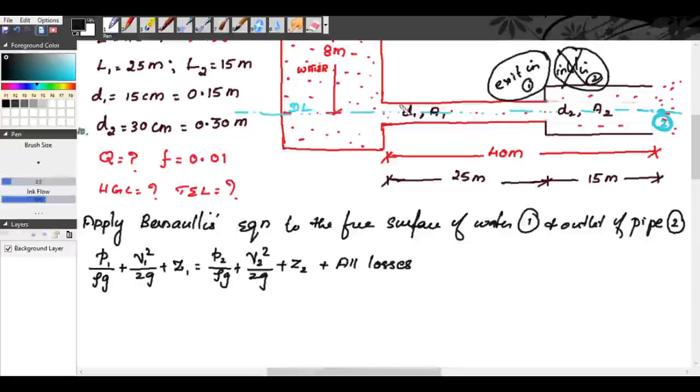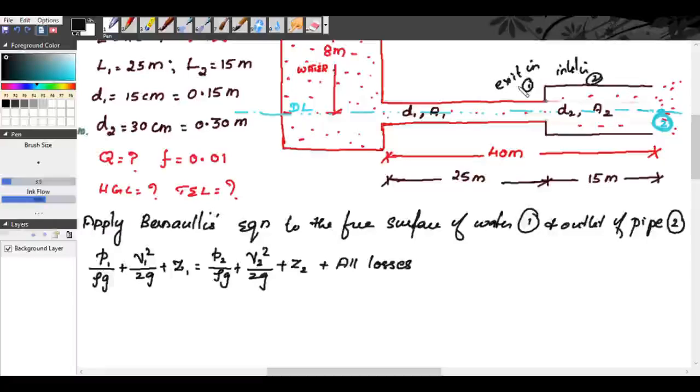So the major losses are losses due to friction in pipe 1, losses due to friction in pipe 2. The minor losses are here losses due to inlet in pipe 1 and losses due to exit in pipe 1.